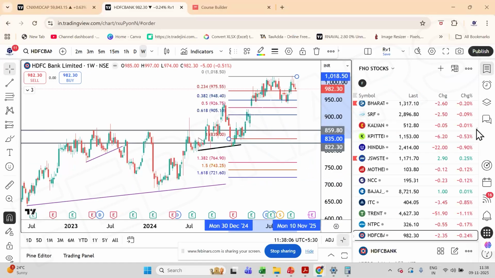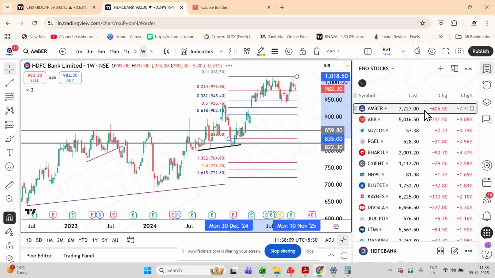Let us see the stock which has fallen the most, Amber Enterprises.